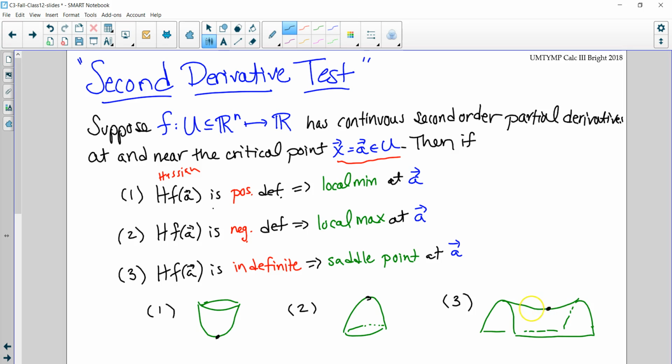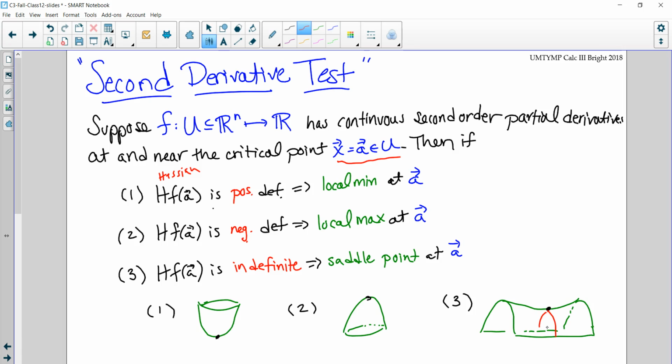It'd be concave up in one direction, but concave down in the other direction, the other direction being what I'm showing here in red. So that's the second derivative test that we're going to be seeing.